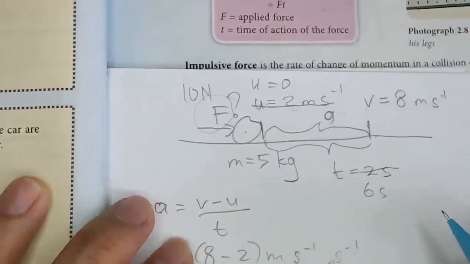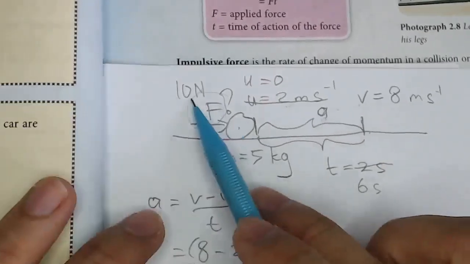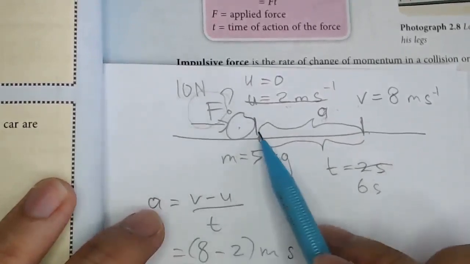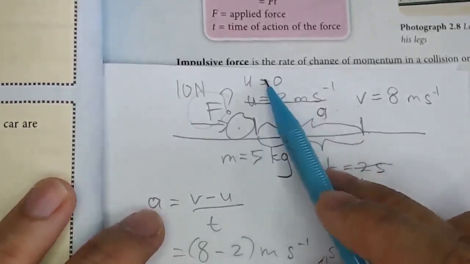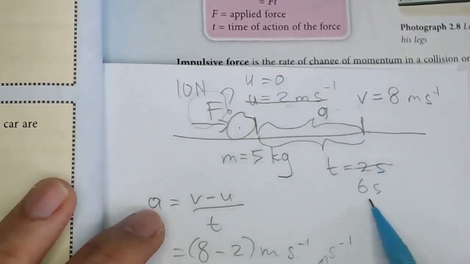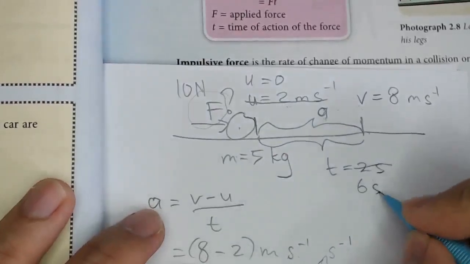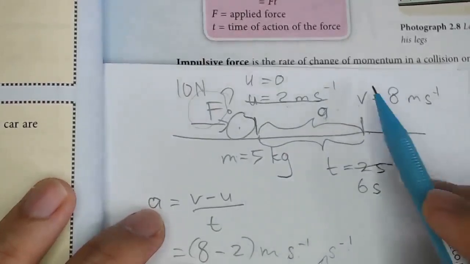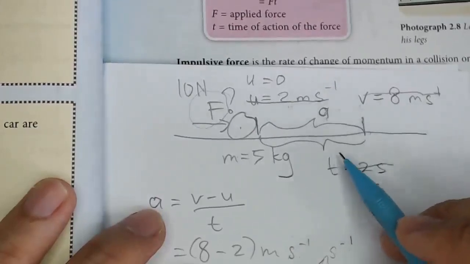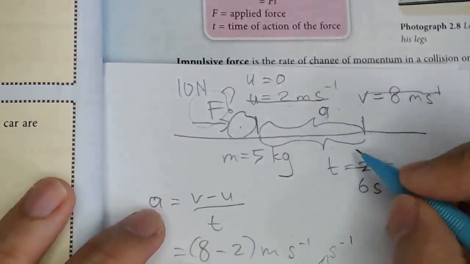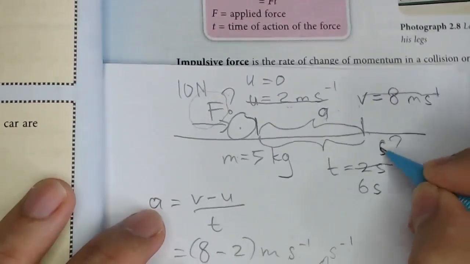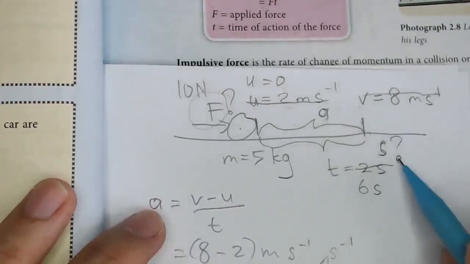Okay, I believe you understand the situation. Again, this object is exerted by this force of 10 Newton, and it starts from velocity 0 until 6 seconds later. What will the displacement, S, be? Okay.